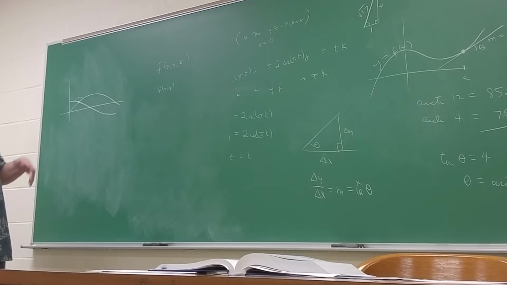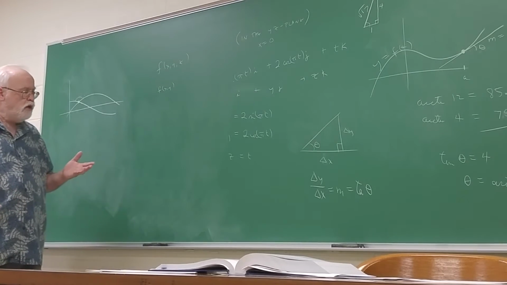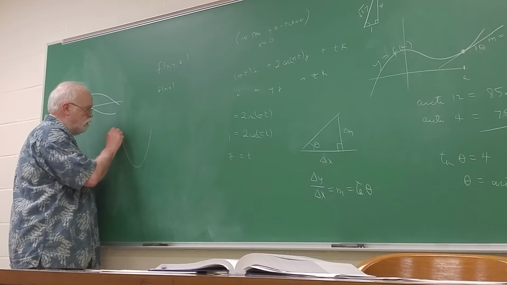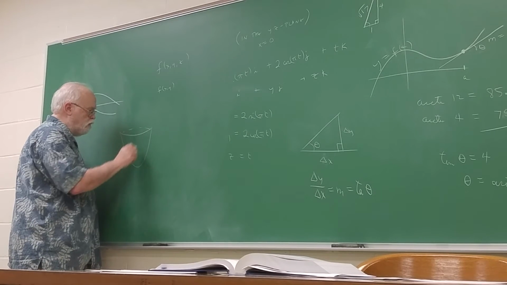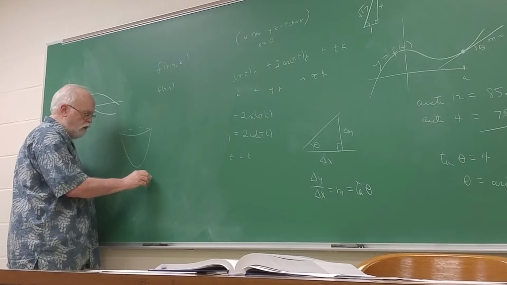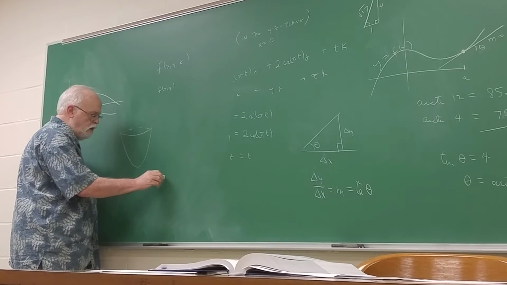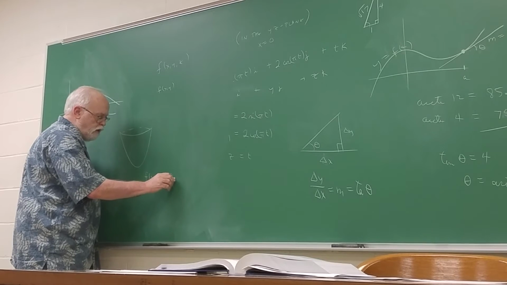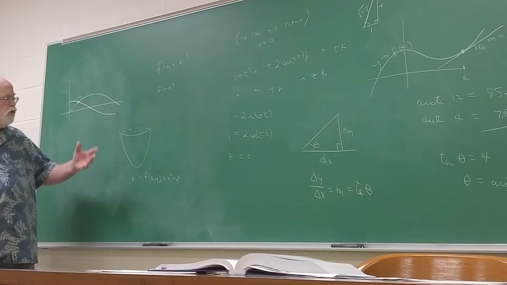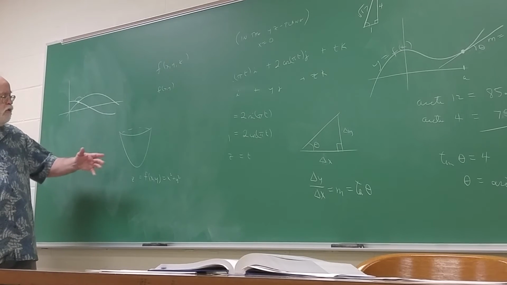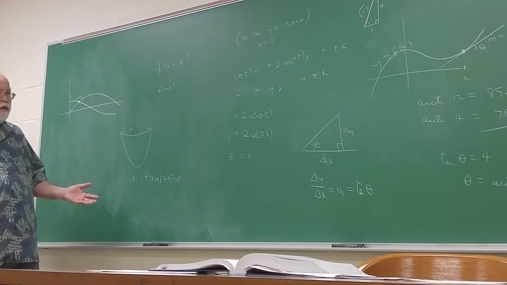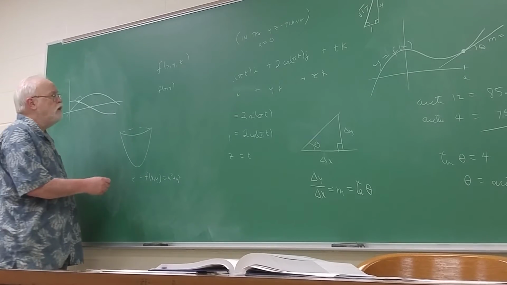But section 1 has a lot of pictures, and I've already drawn a picture of a function of 2 variables. This was my sort of favorite example here, f of x, y, the circular parabola. z is f of x, y. And when you're going to draw a graph, you need another dimension to let it curve into.